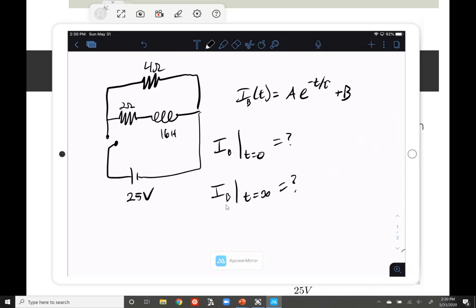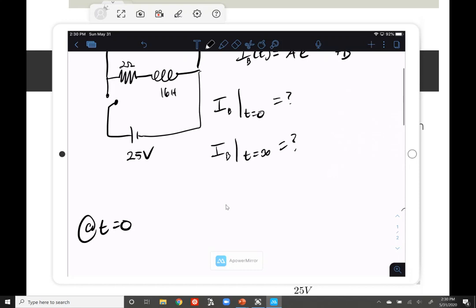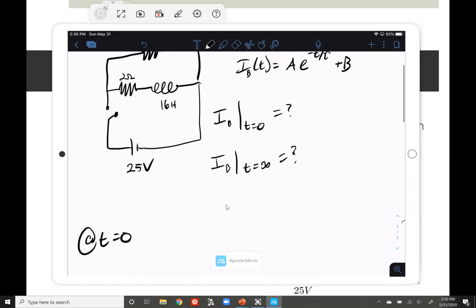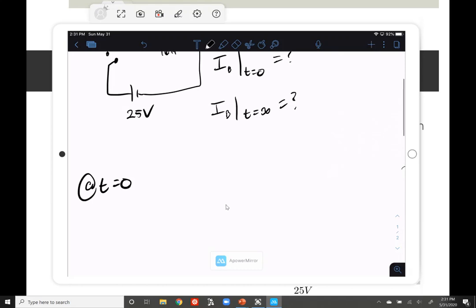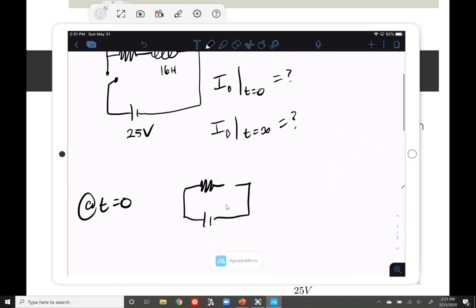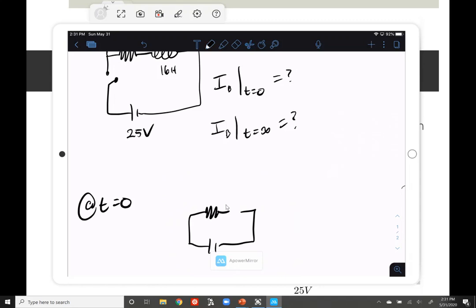And how do I find those? Well, I can use my limiting behaviors. Say at t equals 0, the inductor does whatever it has to keep the current exactly what it was before. And before the switch was closed, we had no current. So right at t equals 0, that inductor is completely shutting down that middle branch. It says absolutely no current can go through that middle branch at t equals 0 because no current was going through it the moment before.